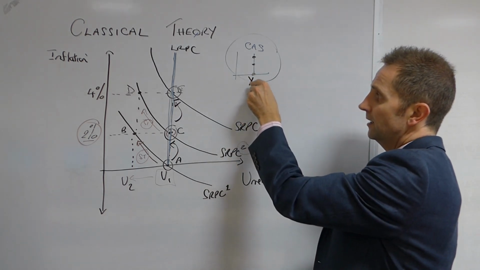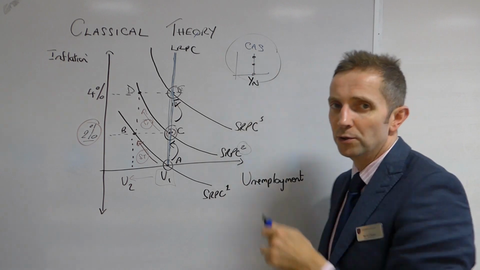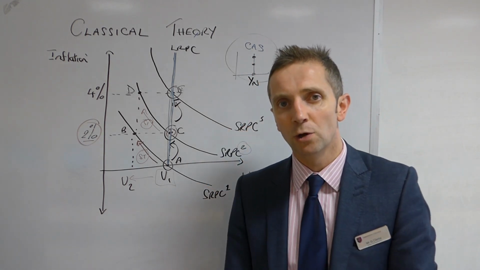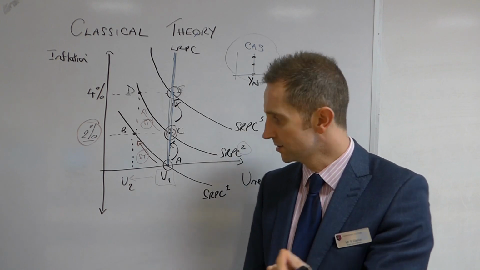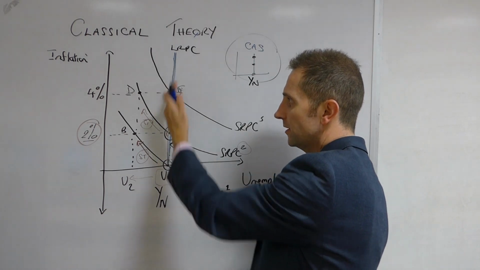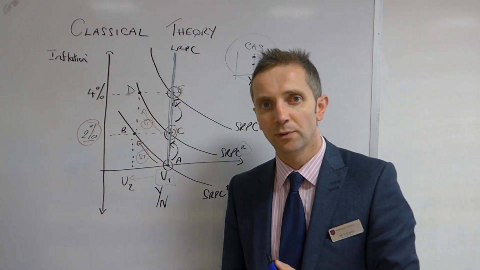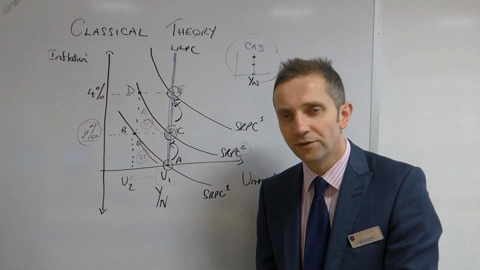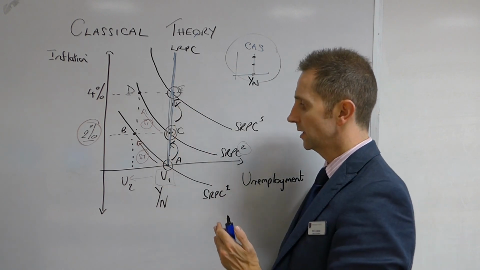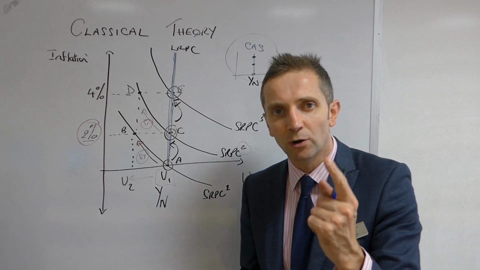In classical theory, that level of output consistent with those price levels were all referred to as the natural rate of unemployment. And again, we can call this YN. This is equivalent to the natural rate of unemployment. And this is where in classical theory, we always end up back at this point, because any deviations are only short term.